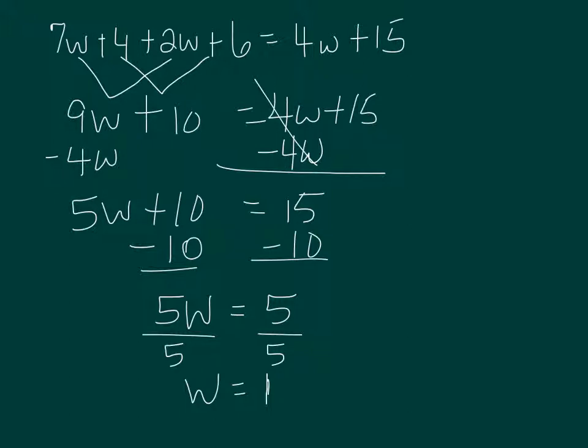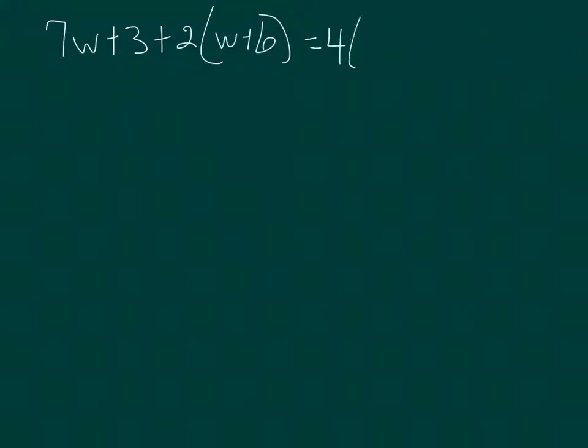Let's go and try one with distribution. Let's take 7w plus 3 plus 2 times w plus 6 equals 4 times w plus 15.